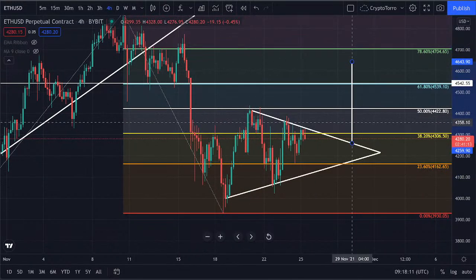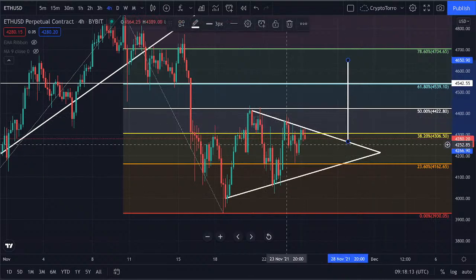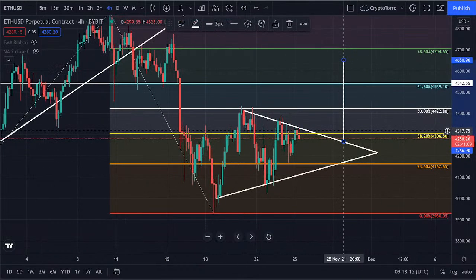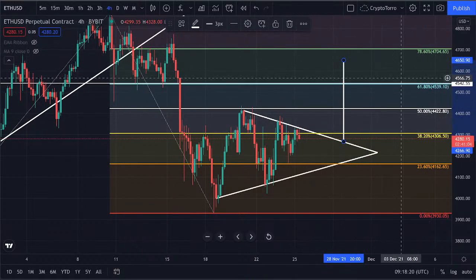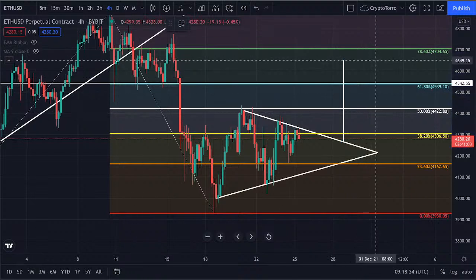So if we are going to see, for example, a breakout occur on the 28th of November, we will be heading all the way towards the 61% Fibonacci. And this means that if we do head towards our target range, we will be heading towards $4,649, my bad.